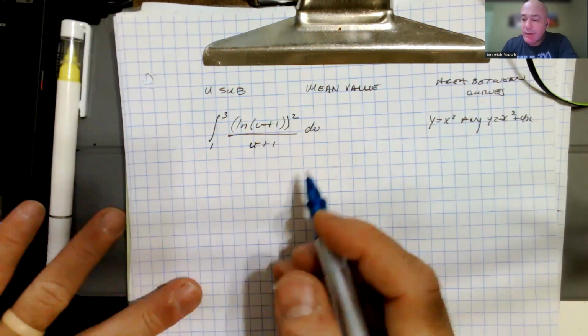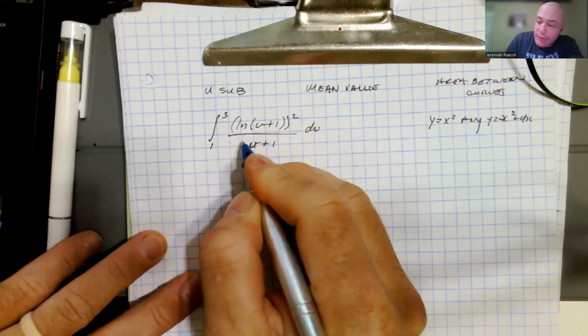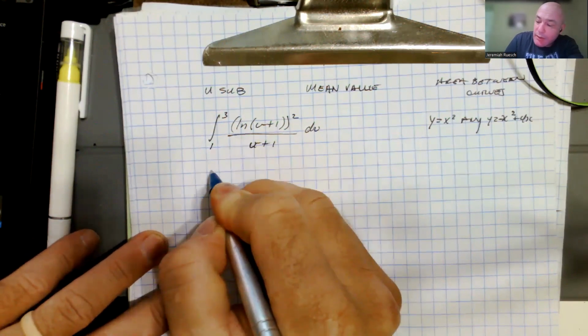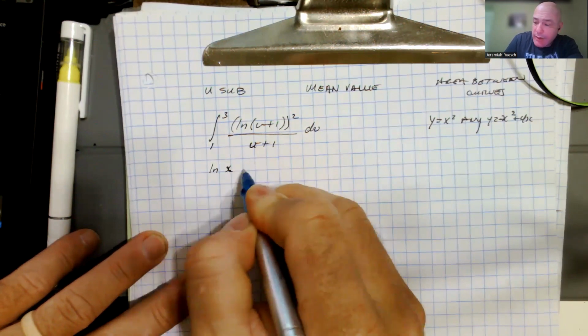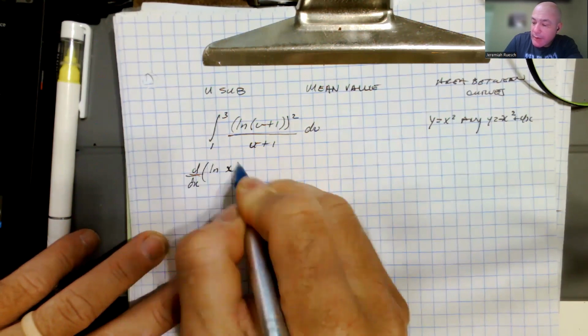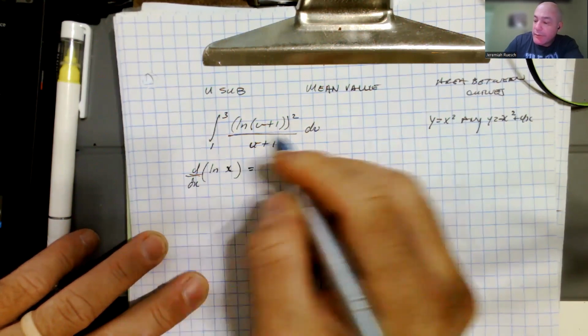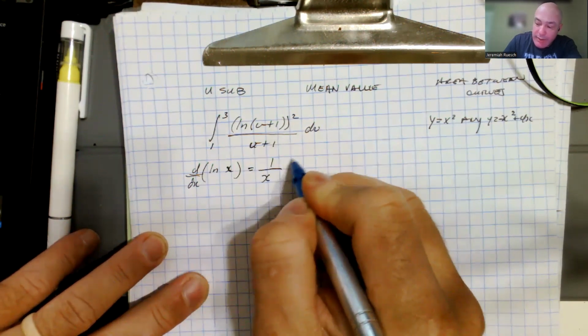Now, something that we haven't explicitly talked about that you will see this unit is that the natural log of, I'll call it, let's go with x. If I take the derivative of the natural log of x, the derivative is 1 over x, and then you have a dx left over.